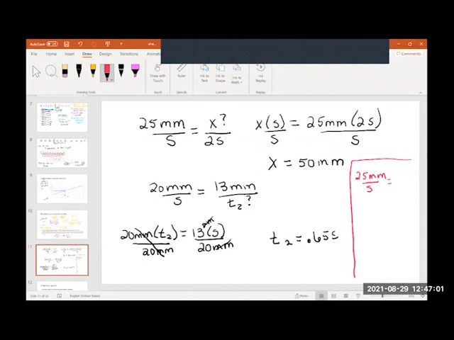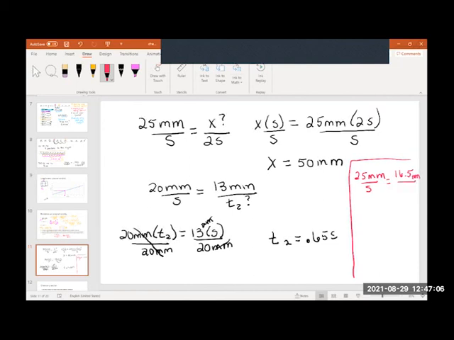Solve for time. It's again cross multiplication. So you're going to have T2 equals 16.5 times s, and that 16.5 is millimeters, divided by 25 millimeters. The millimeter units cancel, and all we have to do is divide 16.5 by 25, and our time is 0.66 seconds.